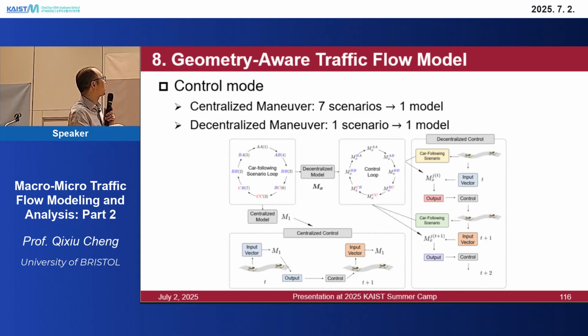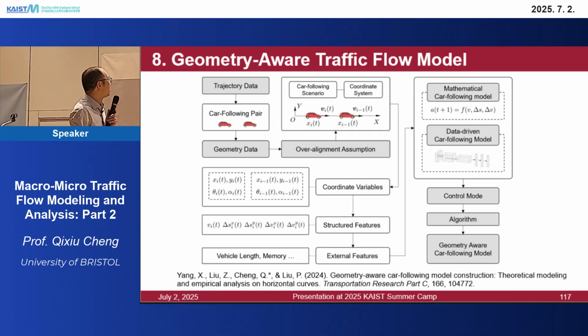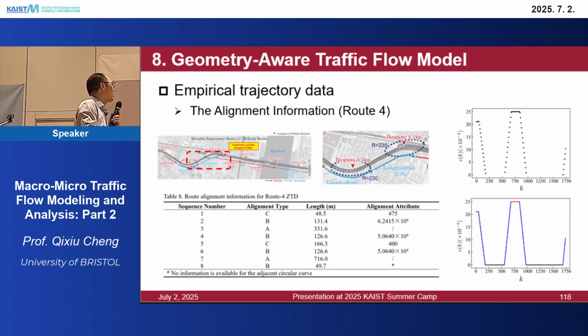We have 7 different scenarios. If we use centralized control mode, then all 7 scenarios will be controlled using one model. But if we use decentralized control mode, then each scenario will have one model. We will compare the results.